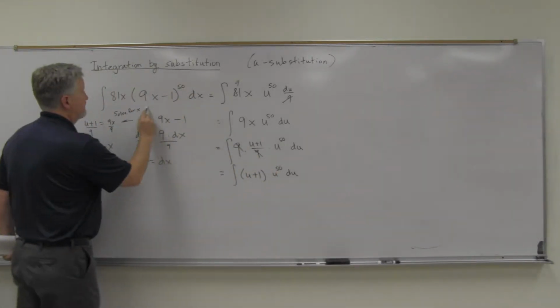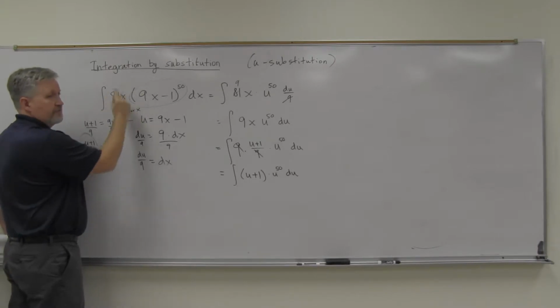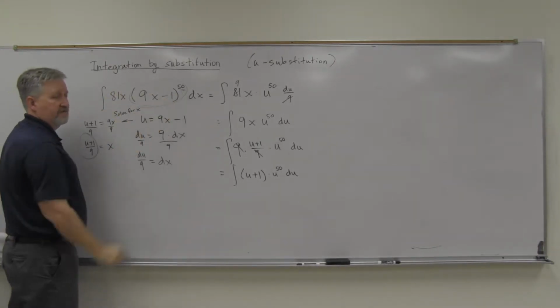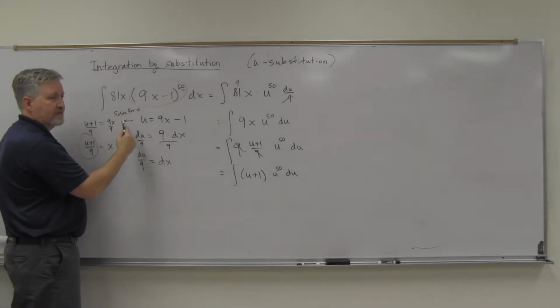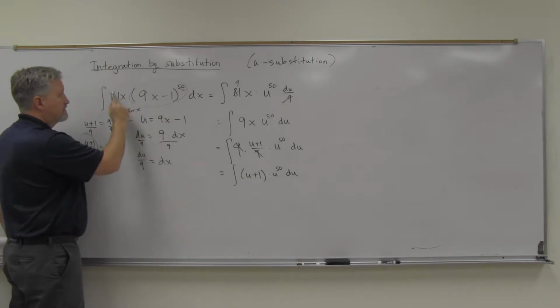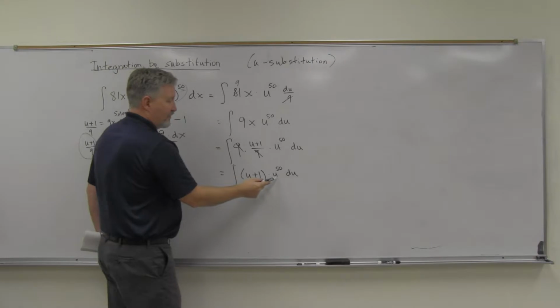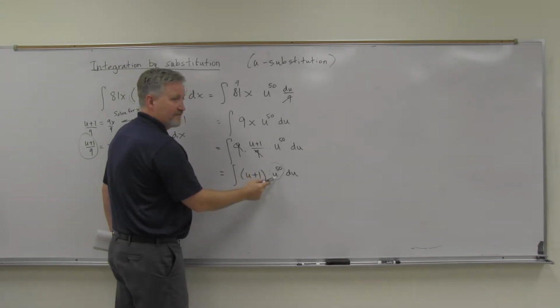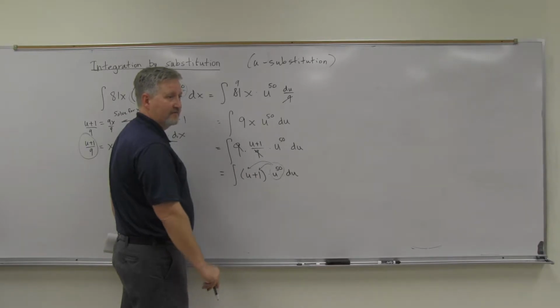Back here, this is 9x minus 1 to the 50th. I can't distribute the 81x here because that's to the 50th power. This is a totally different power. Unless they're the same power, you can't do that. I can't distribute here for various reasons. However, what's blocking me from distributing this? That's okay, isn't it? I can do that.